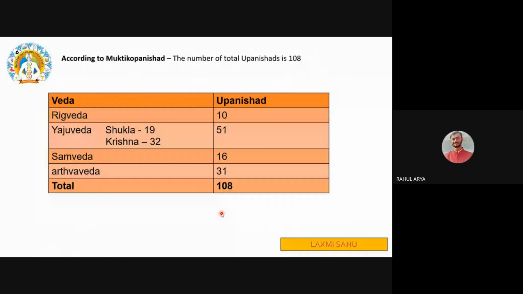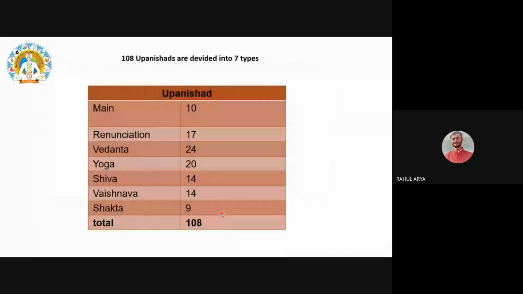108 Upanishads, okay? And these 108 Upanishads are divided into 7 types. 10 are called the main Upanishads, which Madhu ma'am is teaching at present: Katha, Kena, Mundaka, Mandukya, Prashna, Chandogya, Brihadaranyaka. These are the main Upanishads.